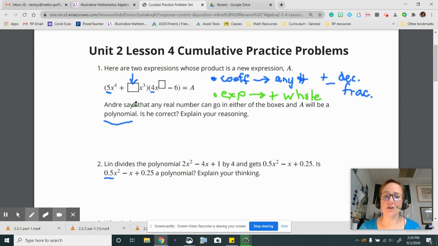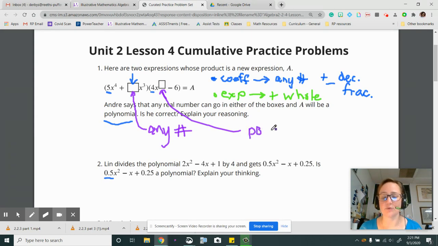So Andre is half right that any number can go in that first box here. Any number could go there and it would still be a polynomial. However, Andre is not right when it comes to the box that's representing the exponent. All right. Again, it has to be a positive whole number.